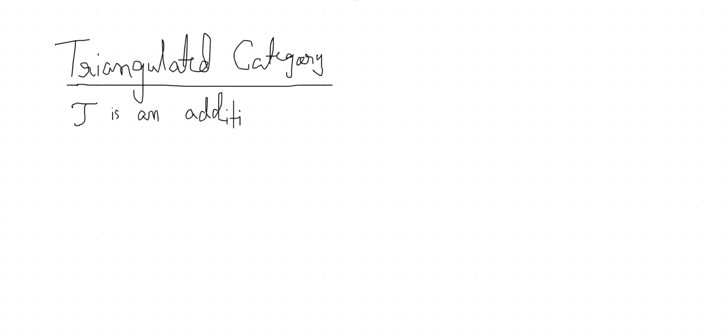An additive category would just mean that it's a category whose hom sets are abelian groups, and finite products and co-products exist, and they are the same.